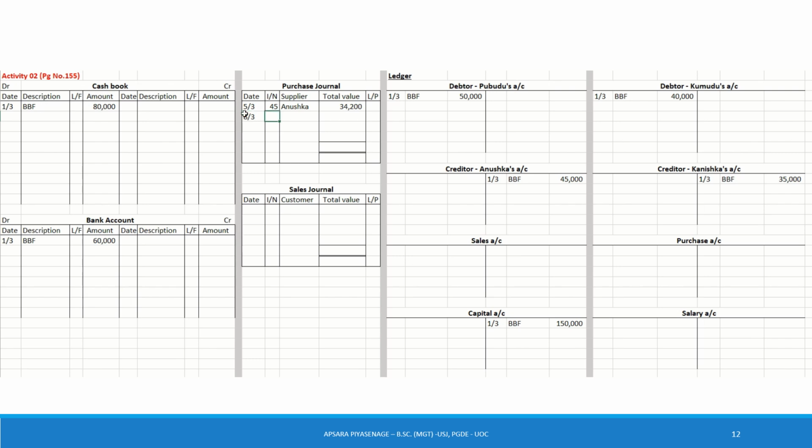Then on 8th of March, invoice 56. Supplier is Kanishka. The amount is 42,000. There's no trade discount. 12th of March, the invoice number is 48, Anushka. From 34,000, we have to deduct 5% discount.